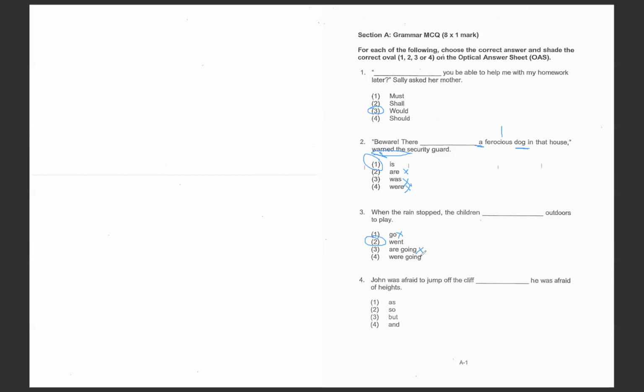Okay, now moving on to question 4. Question 4, the answer is 1. Okay, so this one: John was afraid to jump off the cliff as he was afraid of heights. Now this part here and this part here, they are two different parts. I want you to separate them.